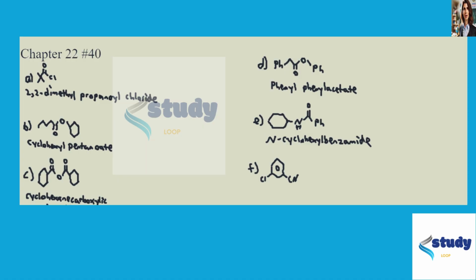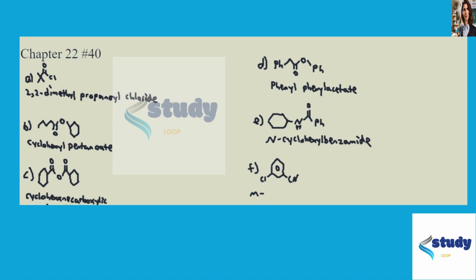So then for F, we have a benzene ring with 2 substituents, one of which is a nitrile. So this name will end in nitrile. We know that since it's a disubstituted benzene ring, we have language that tells us about the substitution patterns. So it's going to be m for meta, because these are meta substituted.